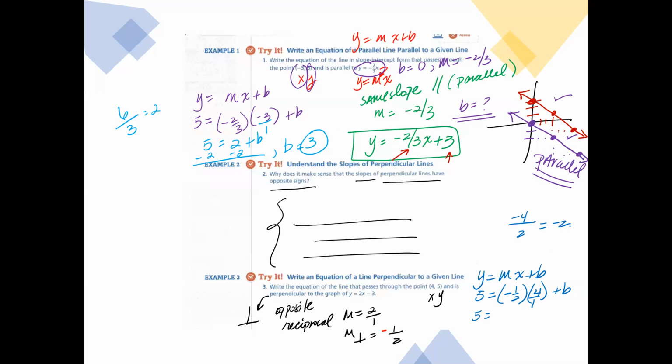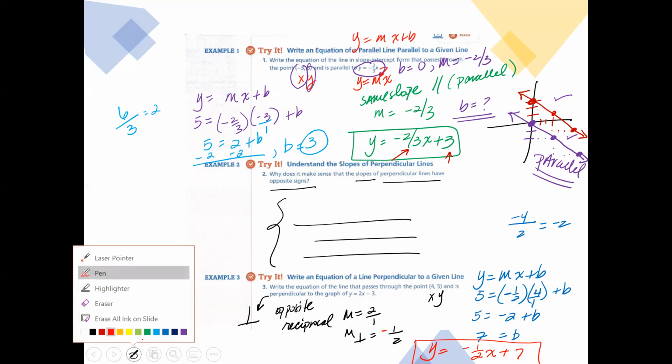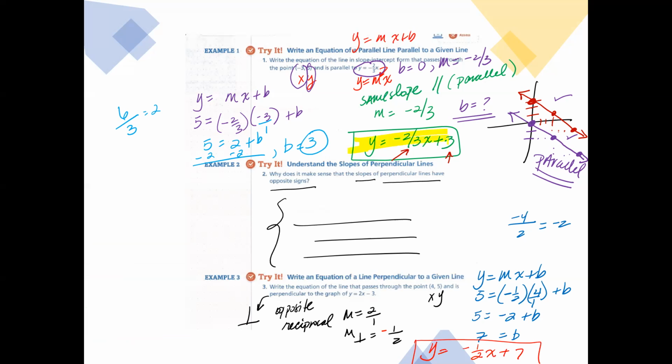If I reduce this, it's -2 plus b. Add the 2 on both sides. Your b is going to equal 7 because the opposite of -2 is +2. Now that I have my b and my slope, I can write my equation: y equals -1 over 2x plus 7. And that is my equation. So here's your equation, and here's your equation.